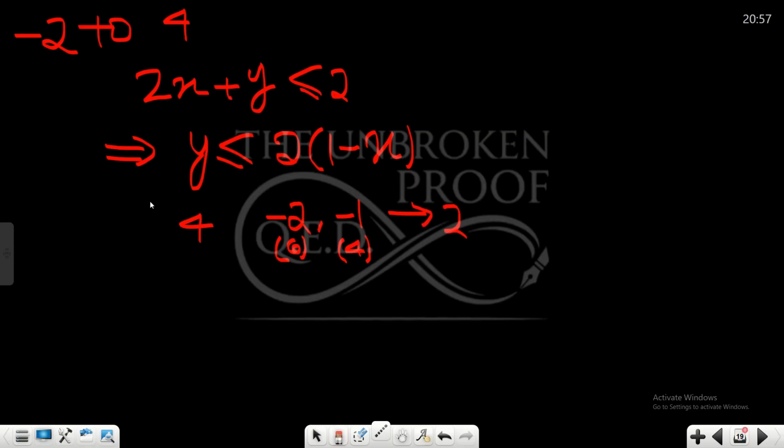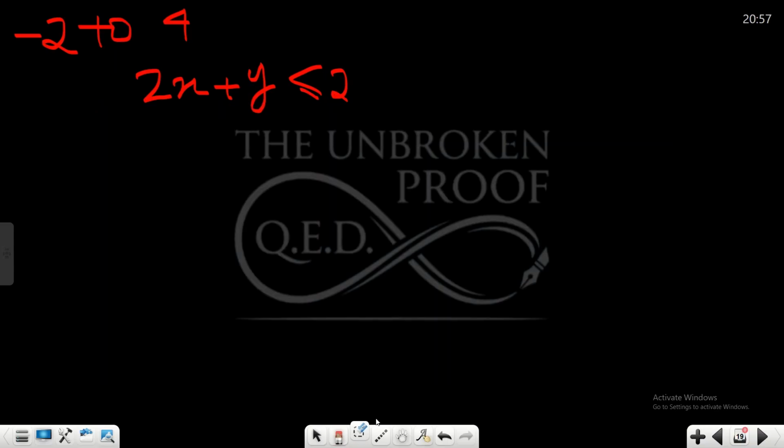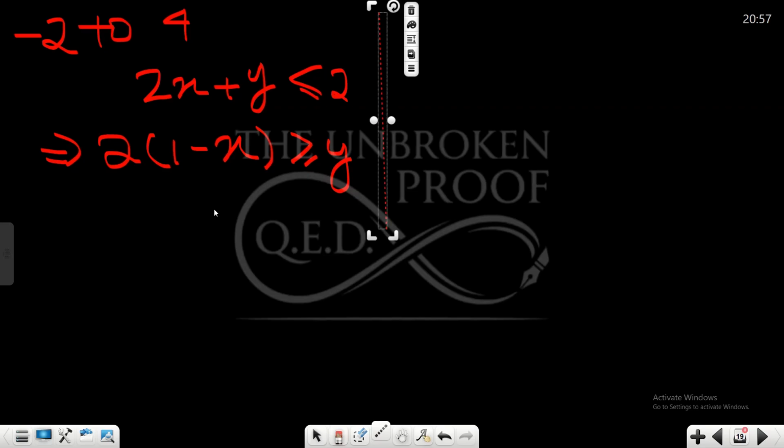Here also you can make a table. Now let me write this in reverse so that we will not make any mistakes. This implies 2 times 1 minus x is greater than or equal to y, and if I make a table of x and y.